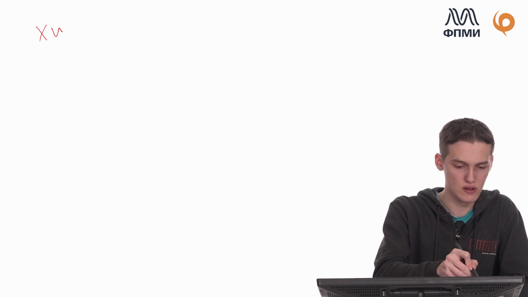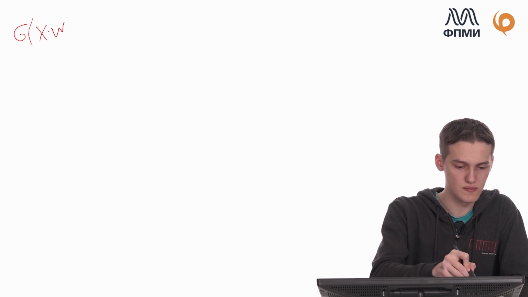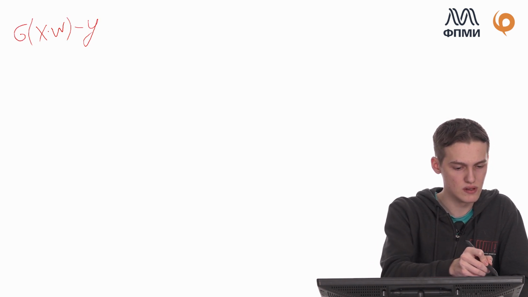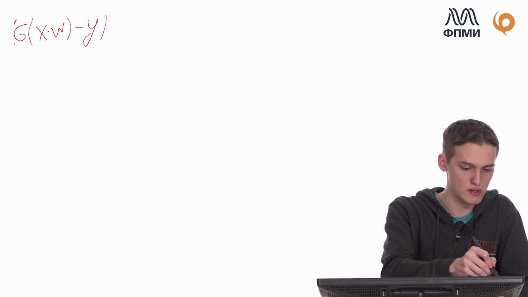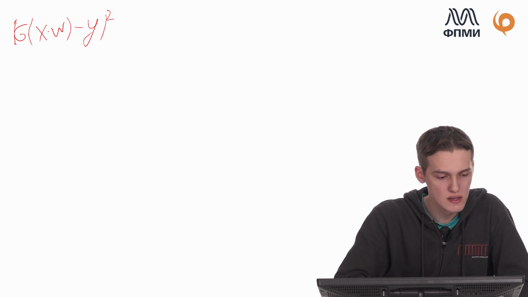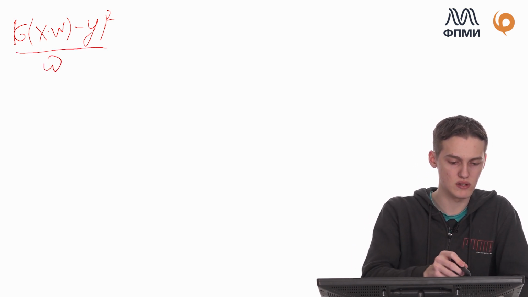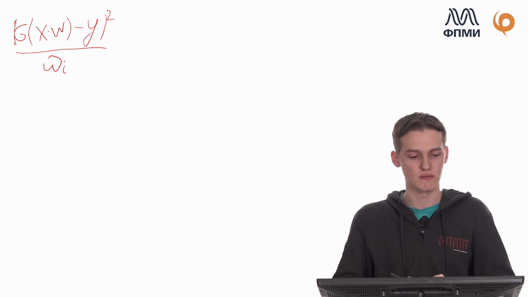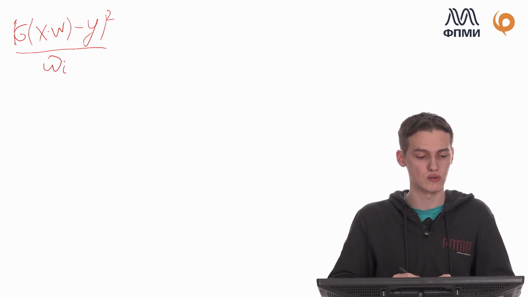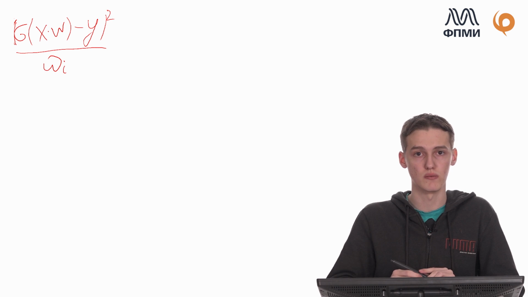It's x times w in some activation function minus target, squared. This is our mean squared error. And we need to take the partial derivative by some parameter omega i. This is just one number in our model. For example, in several millions of parameters, we need to adjust to make our model predict better.